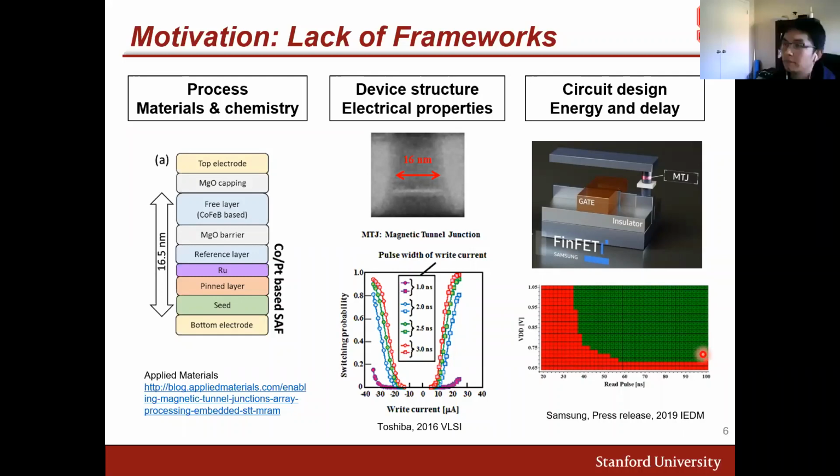Okay, so this is the general three aspects of MRAM I will talk about. Of course, above the circuit design, there's systems, architecture, and then you have all the applications above, right? So today I'm going to focus on these three parts.